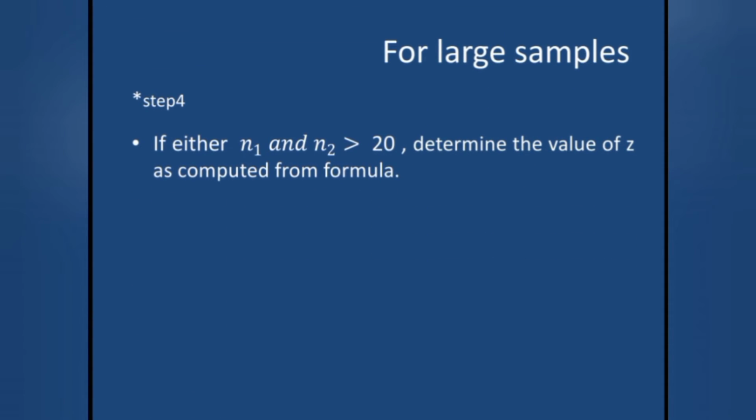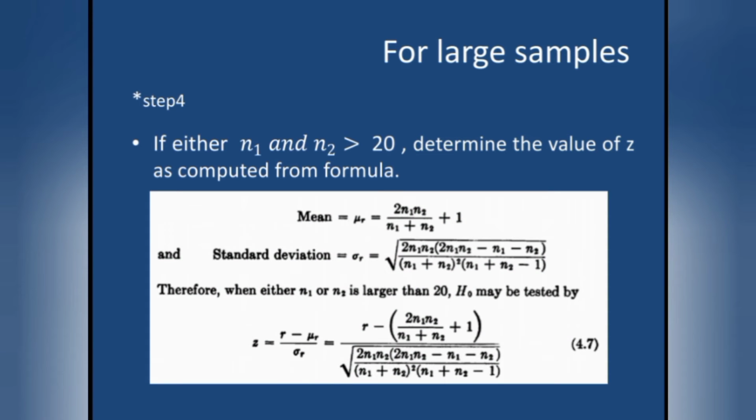For large samples naman, if either N1 or N2 is larger than 20, the Table F cannot be used. For such large samples, a good approximation to the sampling distribution of R is the normal distribution with mean and standard deviation.